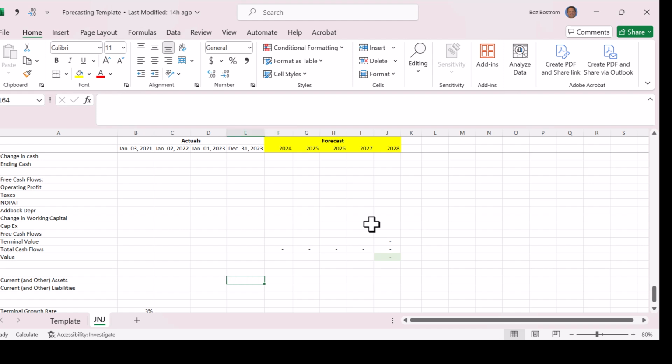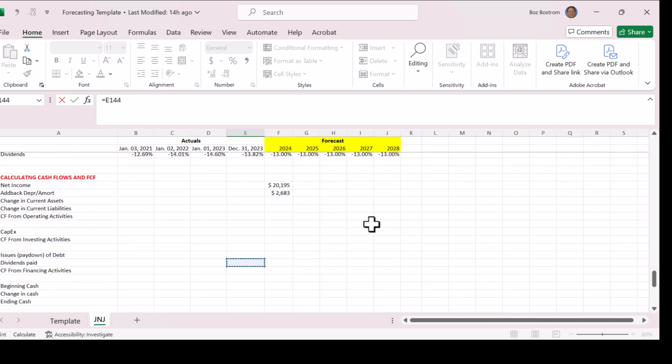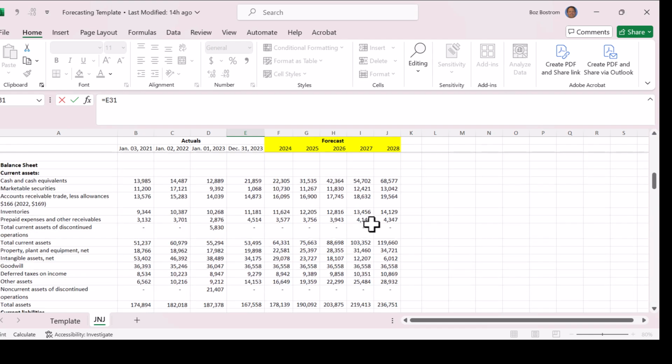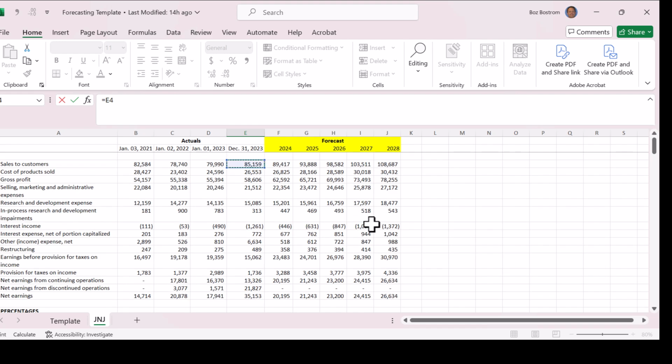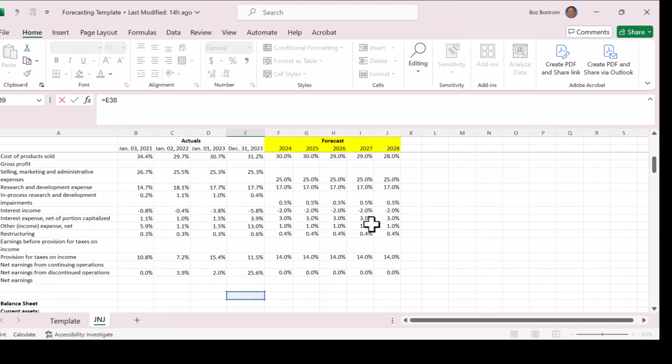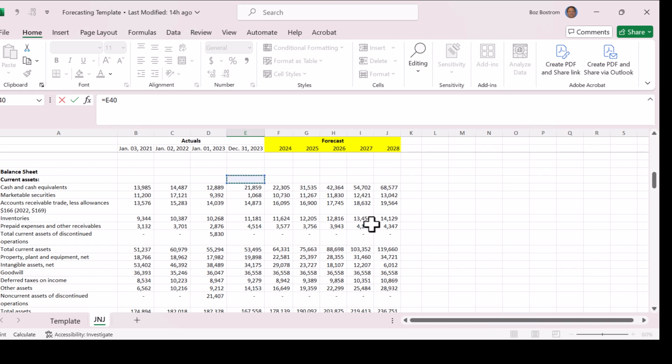So let's go to the previous year here. Current and other assets. So I'm going to go to equals, and then I'm going to go up to my balance sheet. Just got this organized a little bit differently. And I don't want to do cash because cash is what we're proving out.